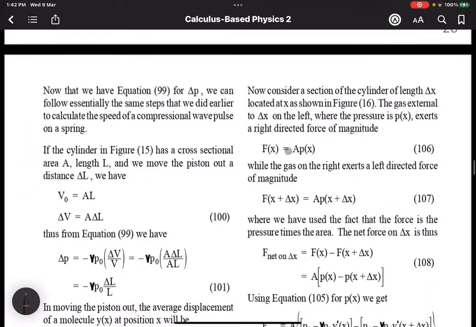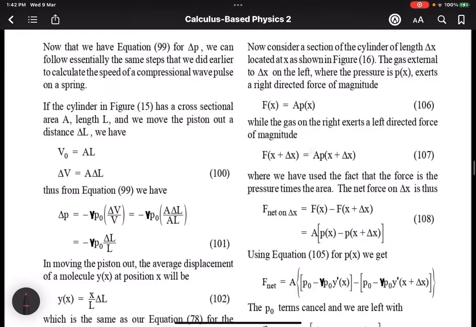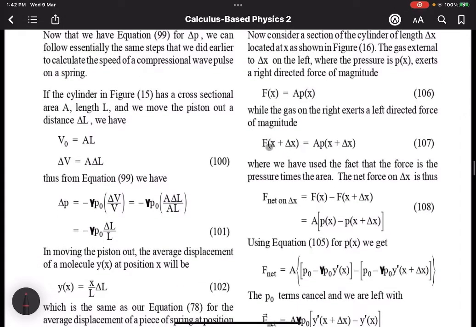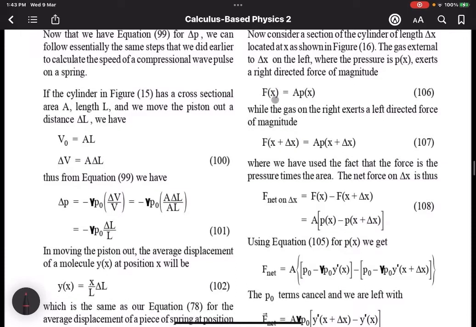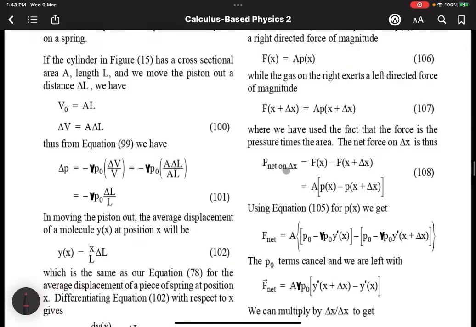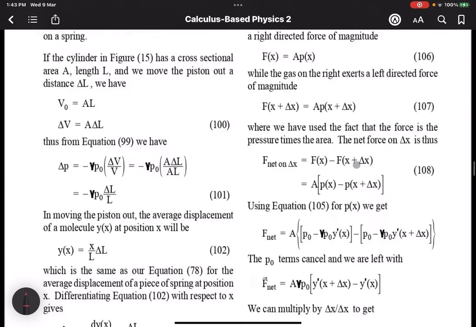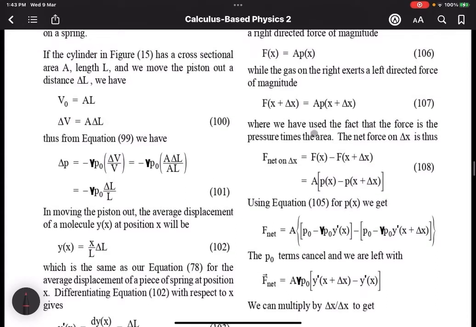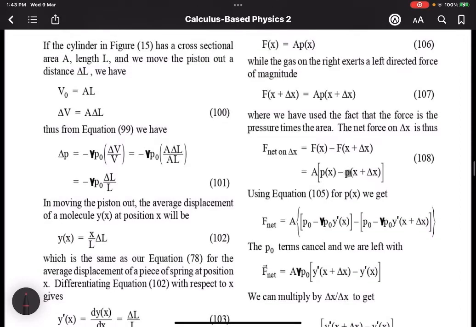So, we will have Fx is equal to area times Px. We replace this since we now have a change: F at x plus Δx is equal to A times P at x plus Δx. So the net force we can compute as Fx minus F at x plus Δx. According to our equation 107, this is equal to A times Px minus P at x plus Δx.